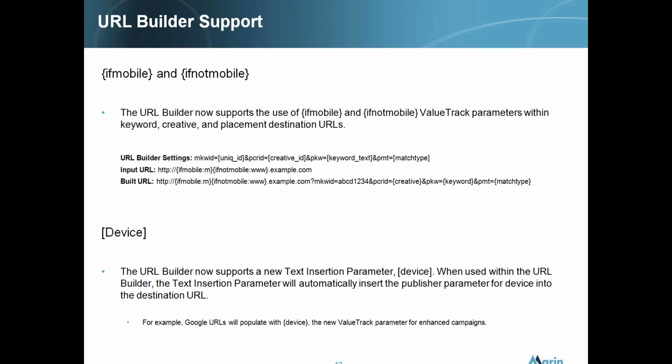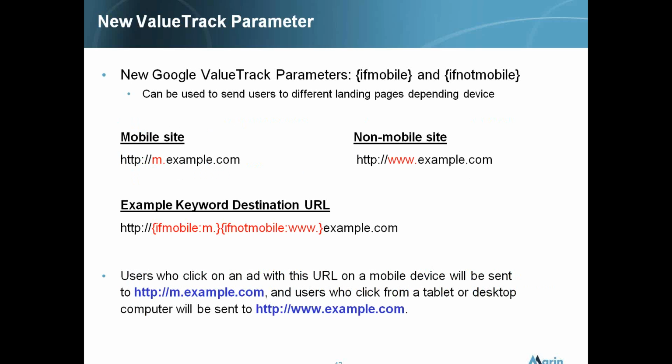So as long as you are either using the squiggly bracket device squiggly bracket in Google or using the square bracket device throughout your URL Builder, Marin will append the proper publisher parameter for that device in the destination URL. So those are the two parameters that are newly being supported within Marin's URL Builder.